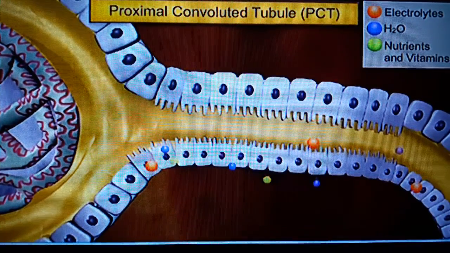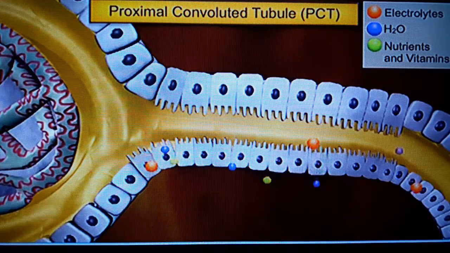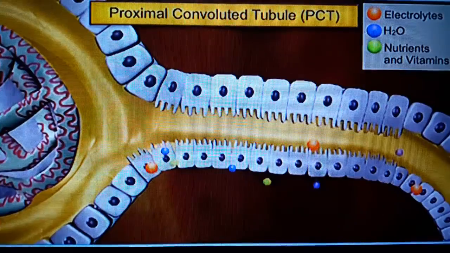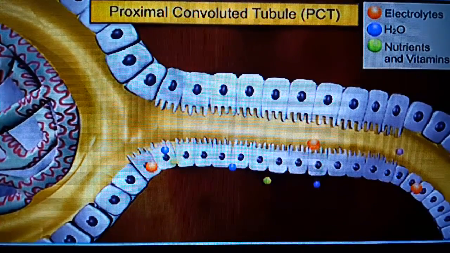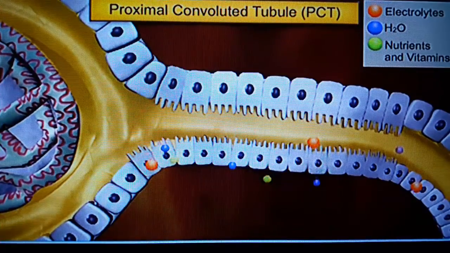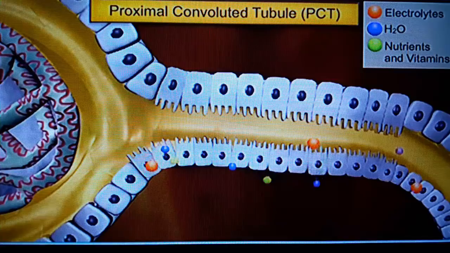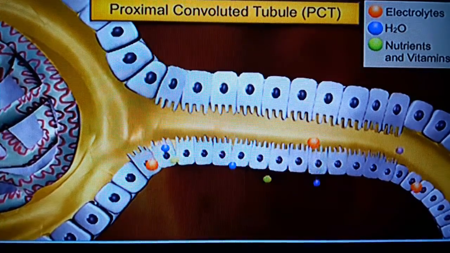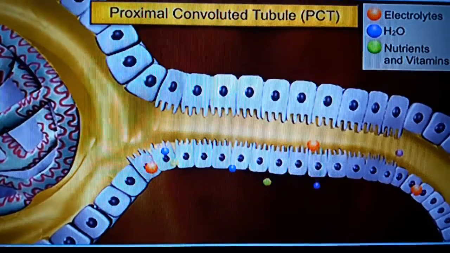This selective absorption may occur by osmosis or by active transport. So remember 2 points here in the second part of urine formation, that is reabsorption. First, all filtrate, and some unwanted substances are also filtered in the initial filtrate, but they are reabsorbed.